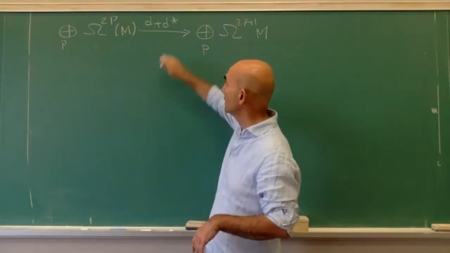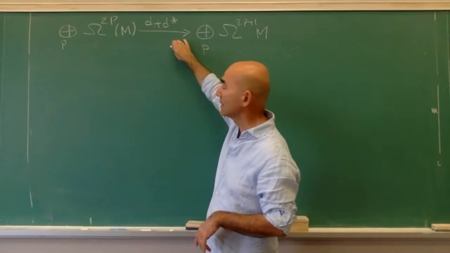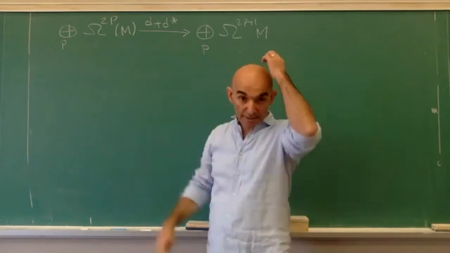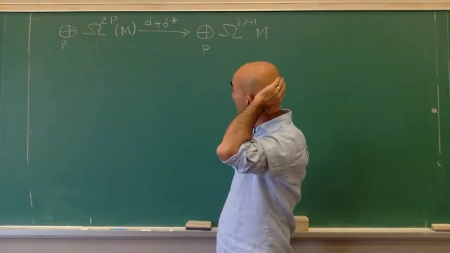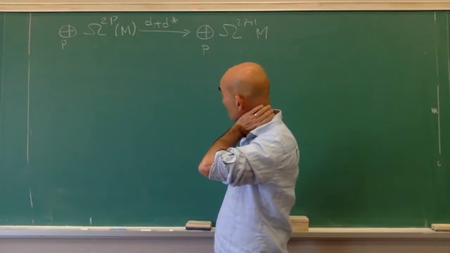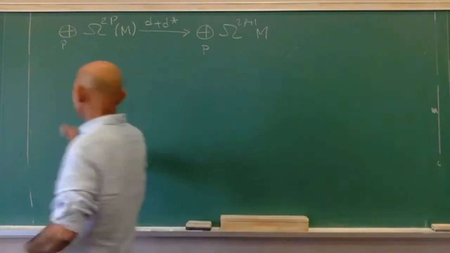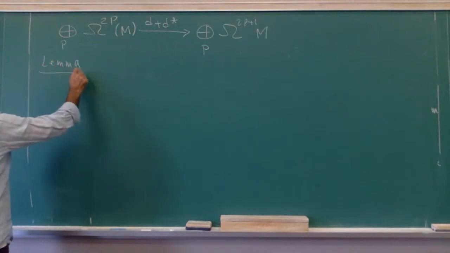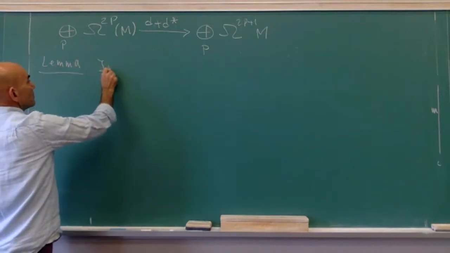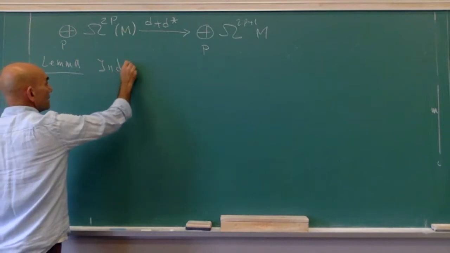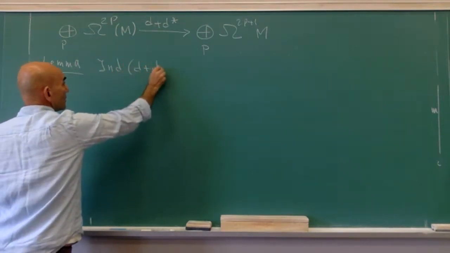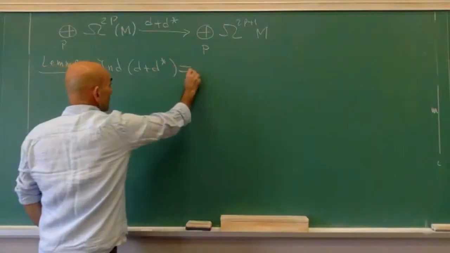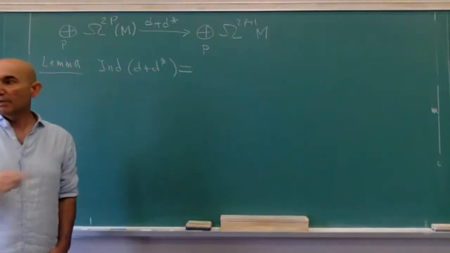If we prove that these operators are Fredholm, then the index makes sense, and the claim now is this: the index of d plus d star is equal to the Euler characteristic of M.